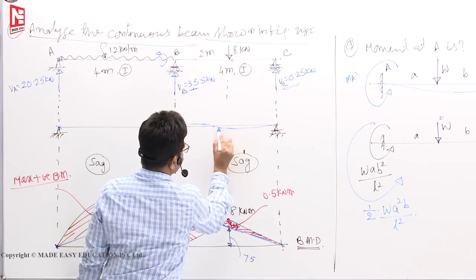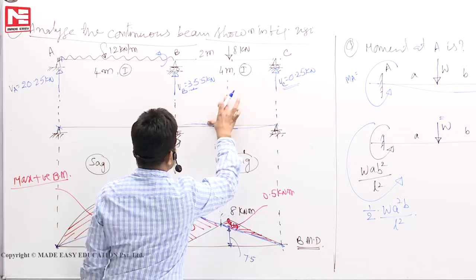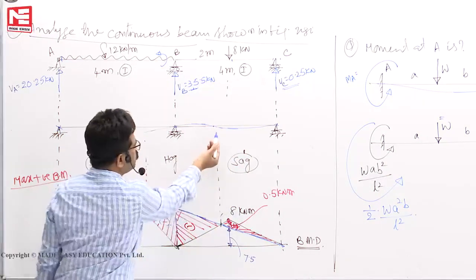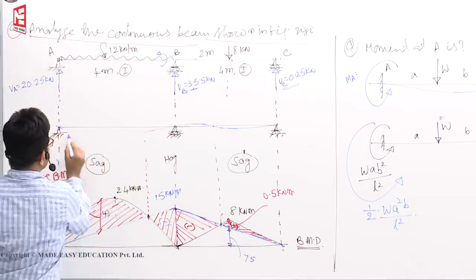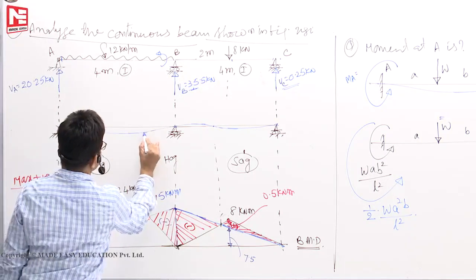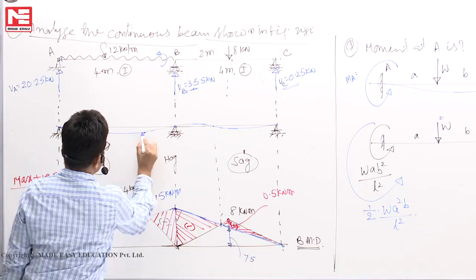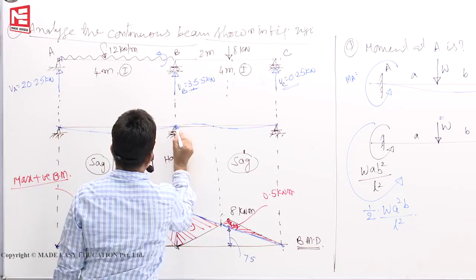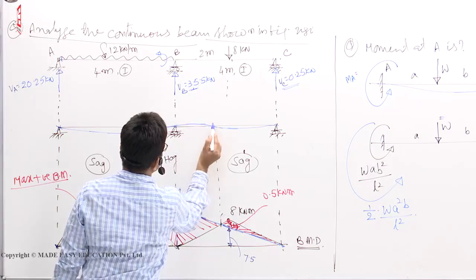This is the point of inflection. At the point of inflection, deflection can exist, but the way we have drawn, it looks as if it is touching that point, but that does not matter. This is sagging, this is hogging. It is always a smooth curve.